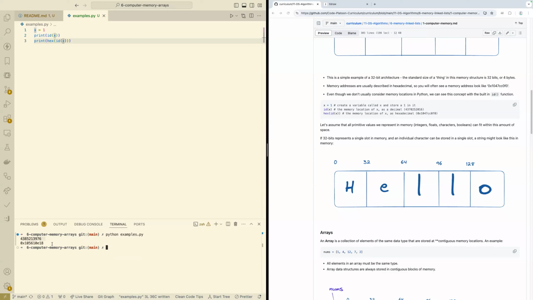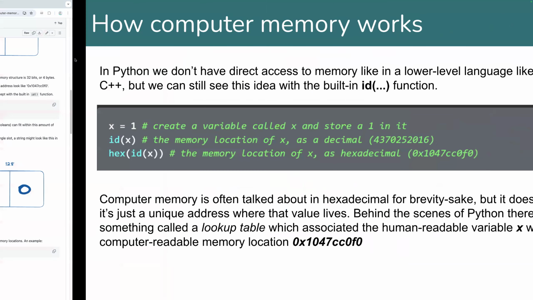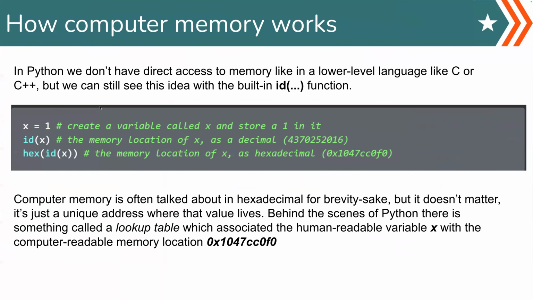So somewhere in that giant grid of computer memory on my laptop, there is a block, so to speak, with this address, and this variable lives in there. We normally don't have to worry about this with Python, and in a couple minutes we'll talk about why, but it is nice to see this. We've seen this when we've printed objects before, when we get that not very useful thing with the memory location printed out.